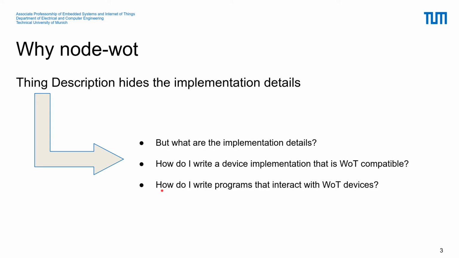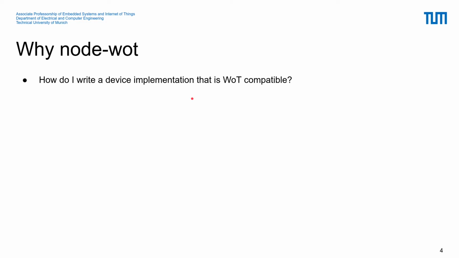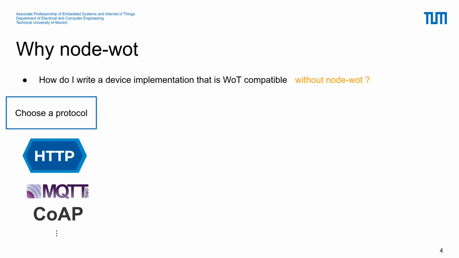And we will see how they can be implemented with and without node.wot, and we will then see the differences between the two. So, how do I write a device implementation that is Web of Things compatible without node.wot? Typically you would start by choosing a protocol such as HTTP, MQTT, CoAP, or in other industrial cases, OPC UA, Modbus.